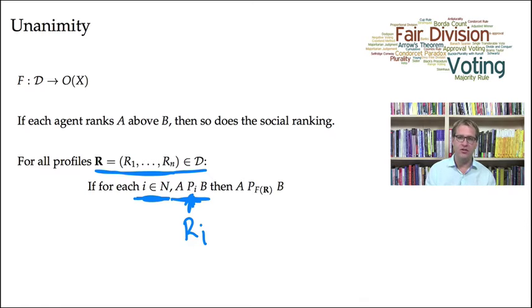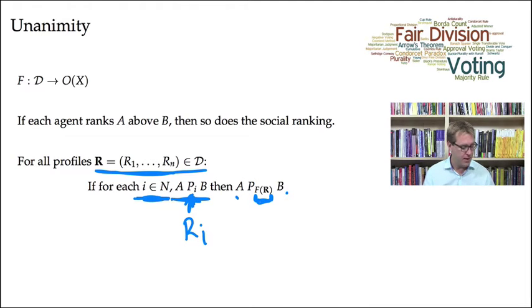And P sub I denotes the strict subrelation of R sub I. So what this says is, if it's the case that everybody strictly ranks A ahead of B, then society has to rank A strictly ahead of B. So F of R is the social ordering associated with the profile R, and P sub F of R is the strict subrelation of that social ordering.